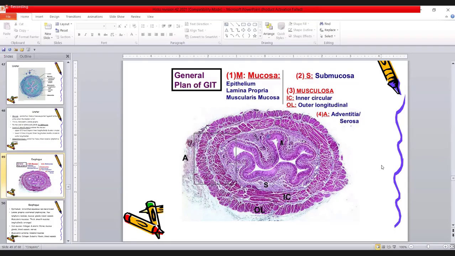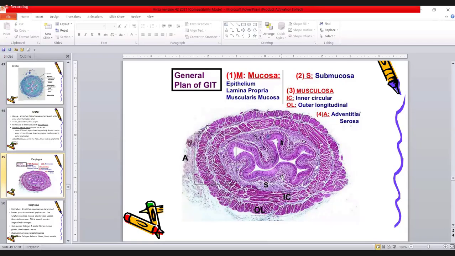Yes. Then you can go to the submucosa. What is the special feature of the submucosa? You can see it here. The submucosa has glands. What glands? If you just say glands, it could be serous glands or any type of glands.